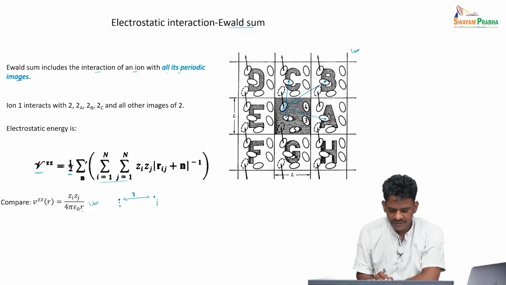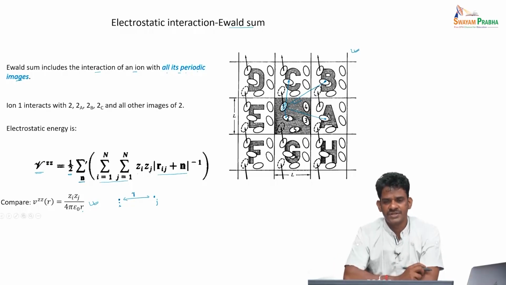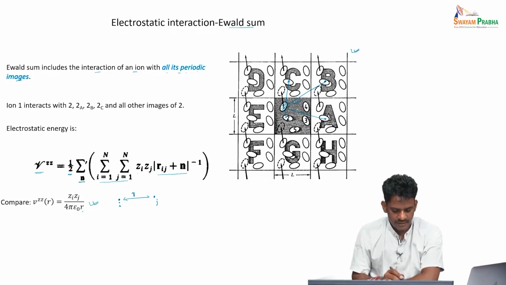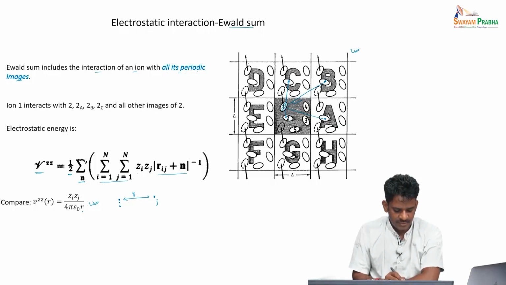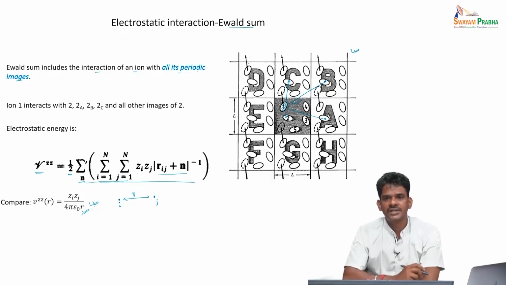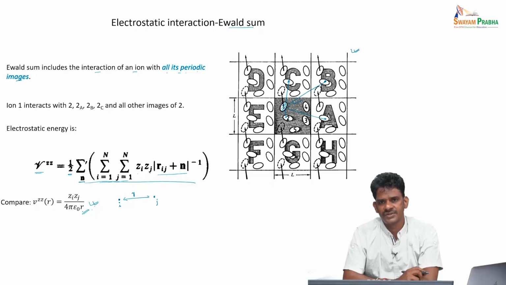Now instead of Rij, we have Rij plus n. This summation over n is a sum over all the periodic images. So in principle, the two expressions are essentially the same thing, except that this one talks about a chosen pair i and j, whereas this expression is for the Coulombic or electrostatic energy of the entire simulation system.